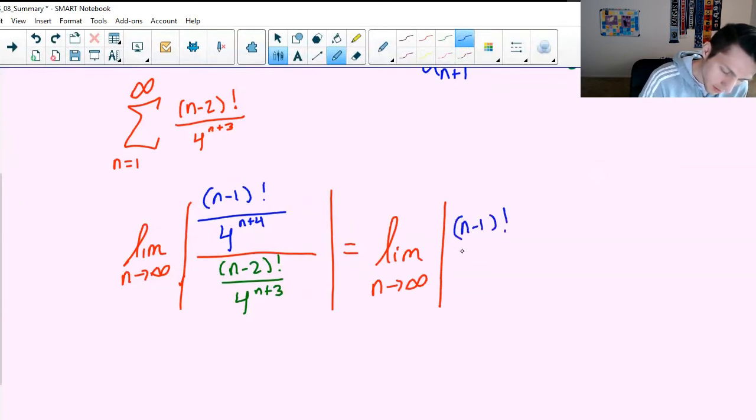So n minus 1 factorial over 4 to the n plus 4, times, let's multiply by the reciprocal, 4 to the n plus 3 over n minus 2 factorial.